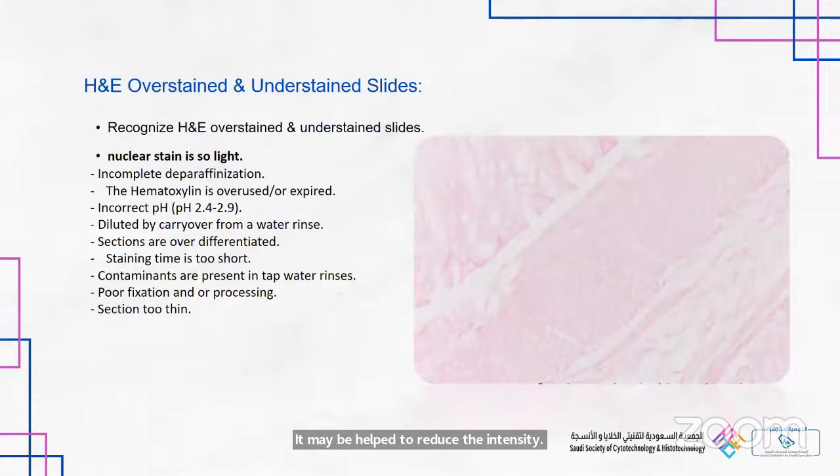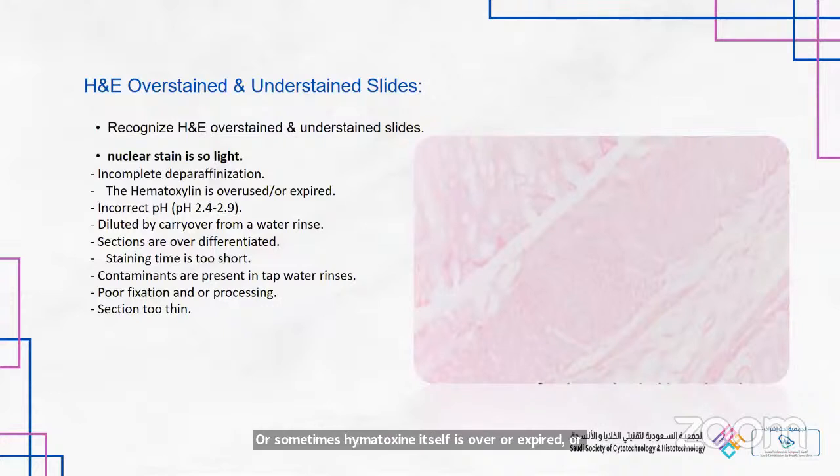Let's take a look at this section, where you can notice the hematoxylin on this slide looks so pale. There are many factors that may cause this problem. The first and most common cause is incomplete deparaffinization, or sometimes the hematoxylin itself is old, expired, or diluted by carryover.